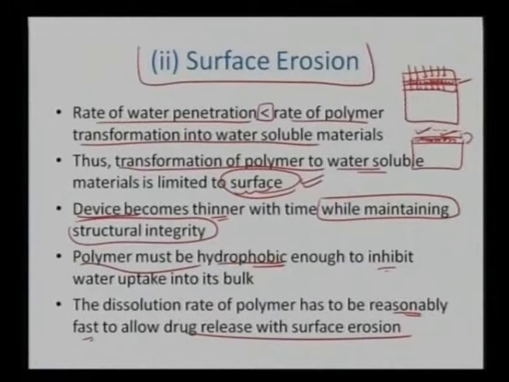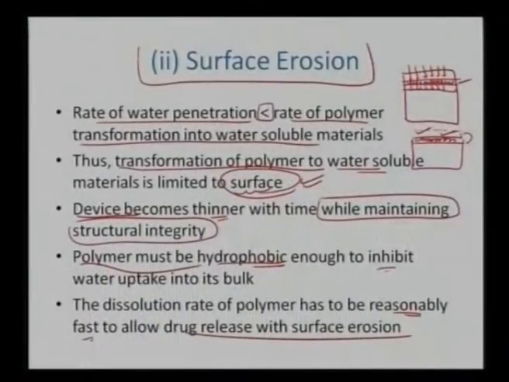In surface erosion, the rate of water penetration is much slower. So in the process, only the surface is getting eroded first. After surface erosion, the next layer of the polymer gets exposed to water, and then it starts disintegrating into water soluble components.